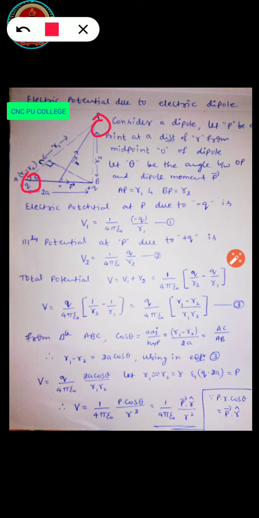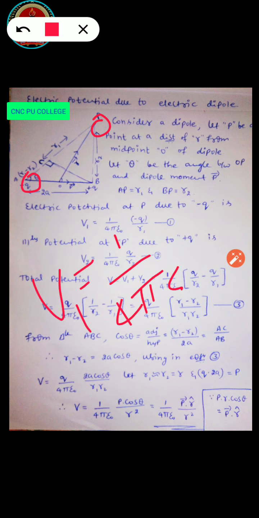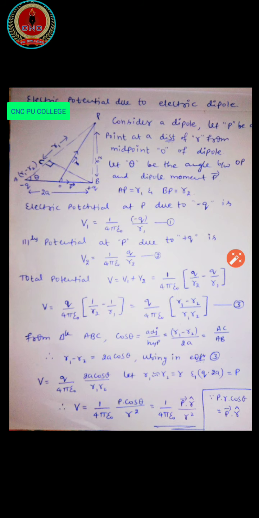Potential depends on distance, and here the distance is R1. Potential also depends on charge, and here the charge is minus Q. So V1 is equal to 1 by 4 pi epsilon naught times minus Q by R1. That is the potential at P due to negative charge.